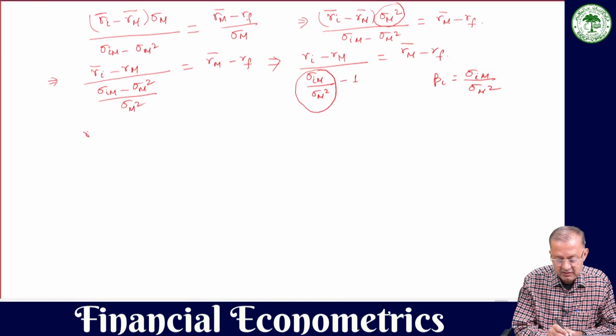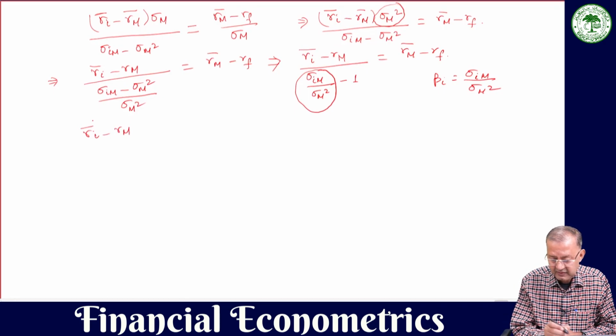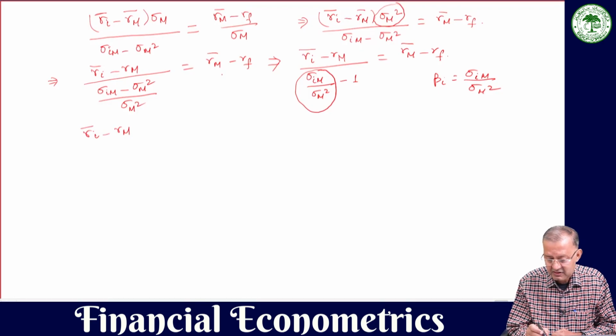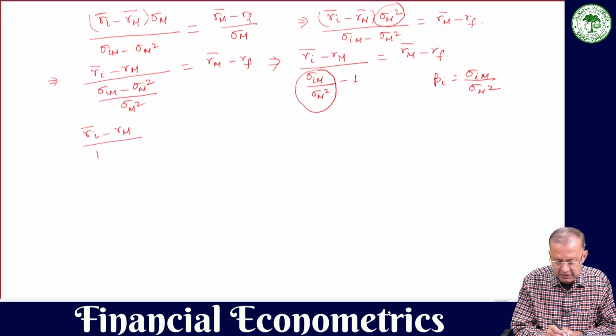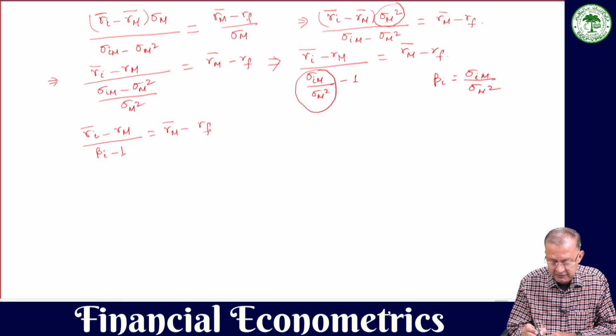What is this? Ri bar minus Rm bar upon beta I minus 1 is equal to Rm bar minus Rf.